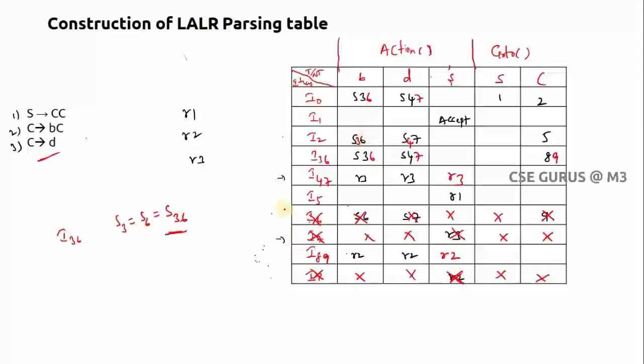Wherever you find 3, I have to write 36, and wherever you find 6 also, I need to write 36. Here also R3, so wherever you find the shifts, you have to make it like this. Now this is the reduced table, which you call the LALR parsing table. This is the only change you have to do when you go for the LALR parsing table.